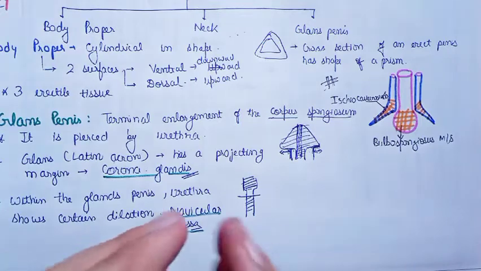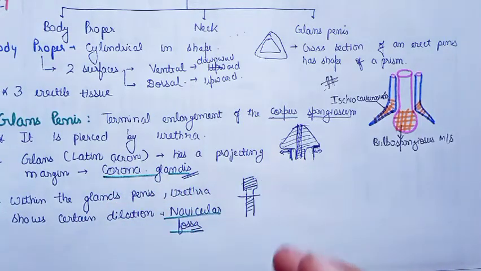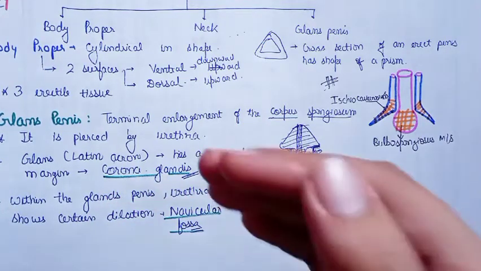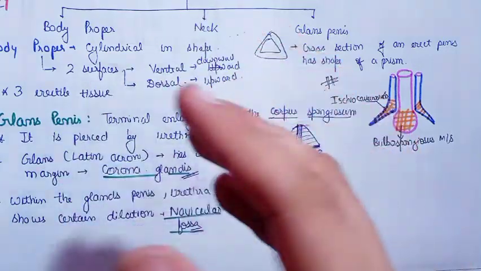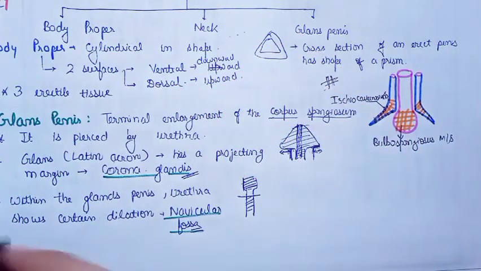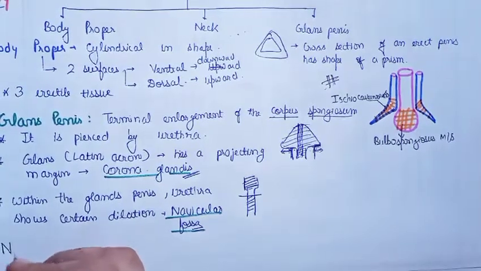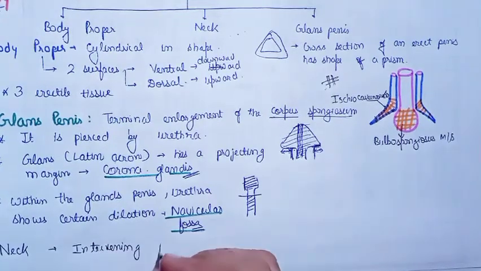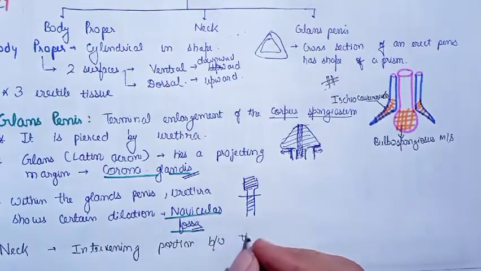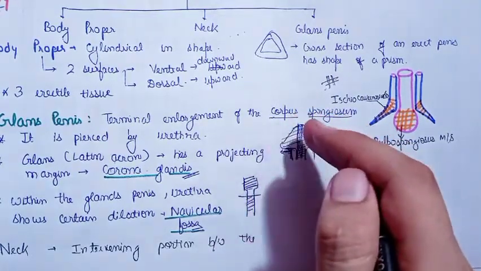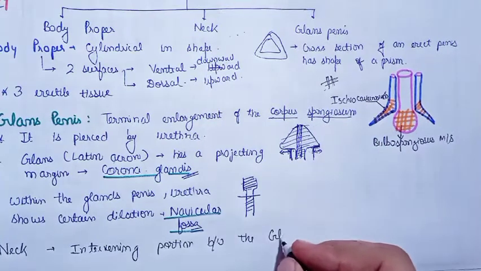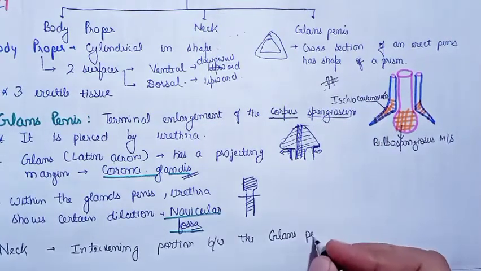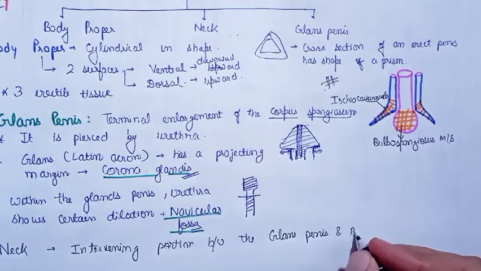And the neck, what about the neck? The neck is nothing, it is the portion in between the glans penis and the body proper. If you want to write, you can write one point about the neck. It is the intervening portion between the tip or the upper part of the penis, that is called the glans penis, and the body proper.